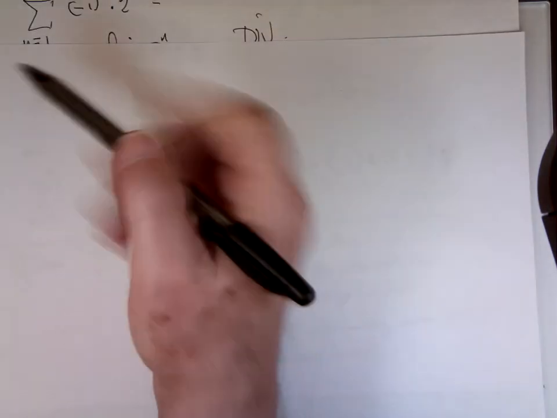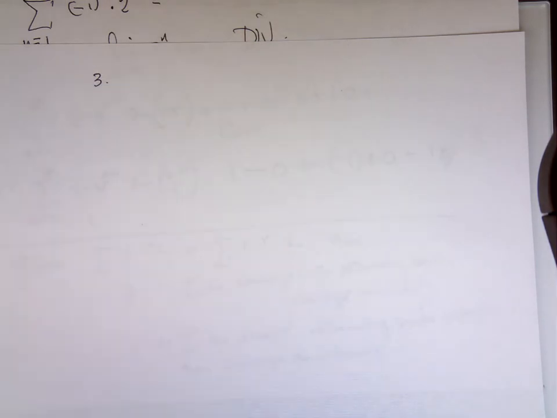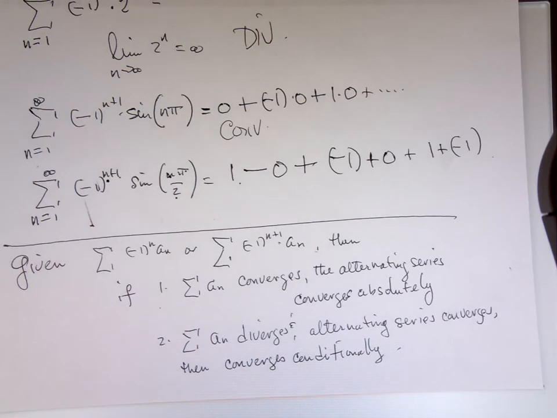In other words, you would technically have to find out if the alternating series diverges or converges. Conditionally doesn't mean it might or might not. Conditionally means the alternating series does converge, but its positive series diverges. The only reason that alternating series is converging is because it does alternate.